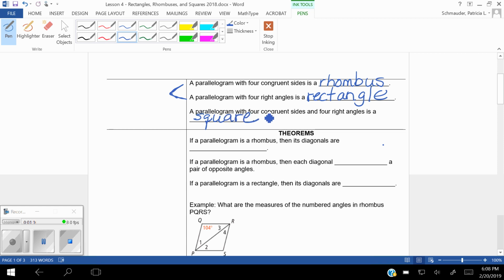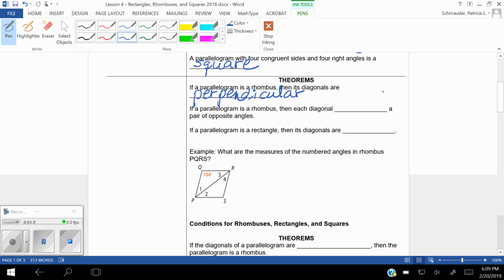Okay, so now let's take our theorems. If a parallelogram is a rhombus, then its diagonals will be perpendicular. Okay, so let me just draw us. We usually think of a rhombus looking like this. I don't know why we draw it kind of slanted over.